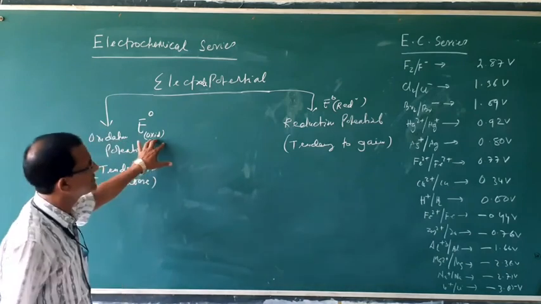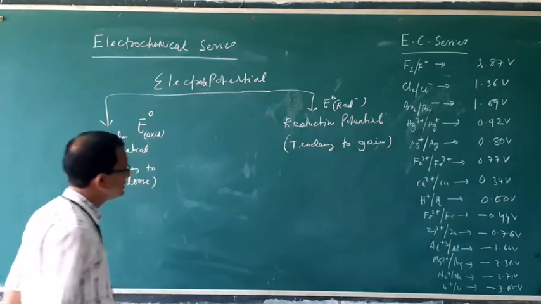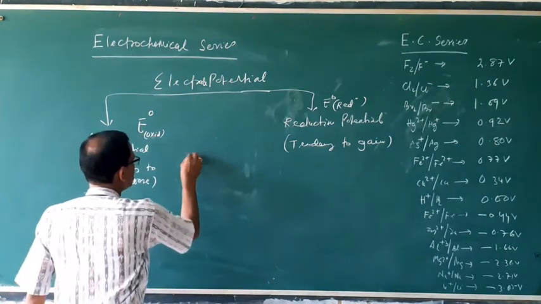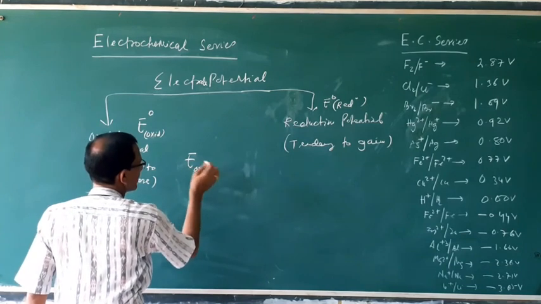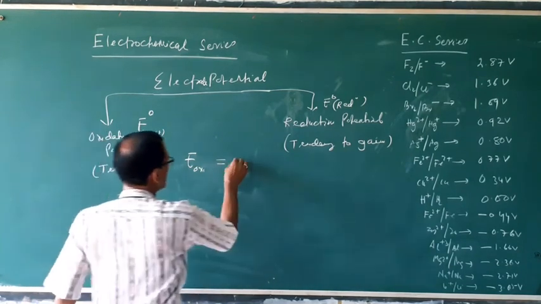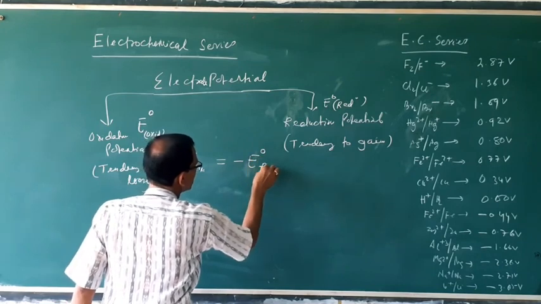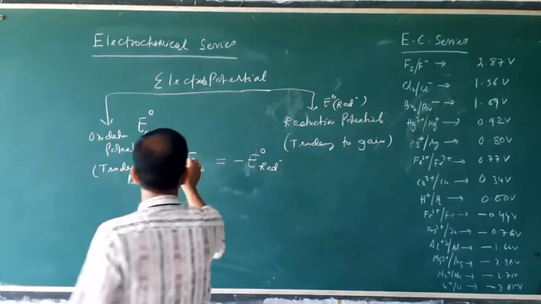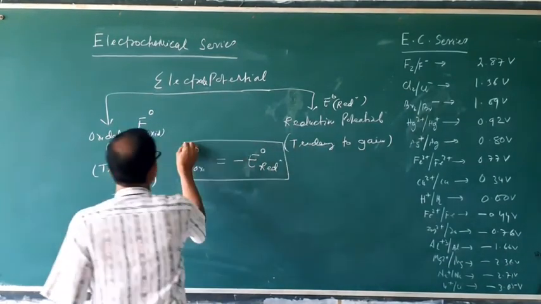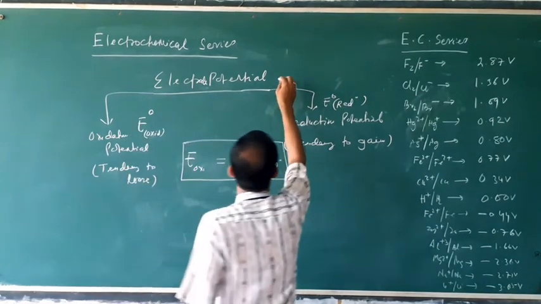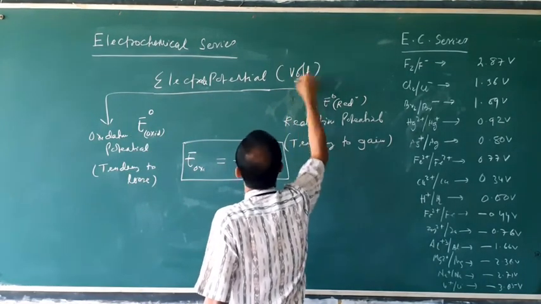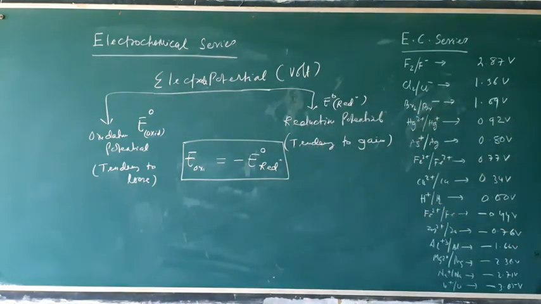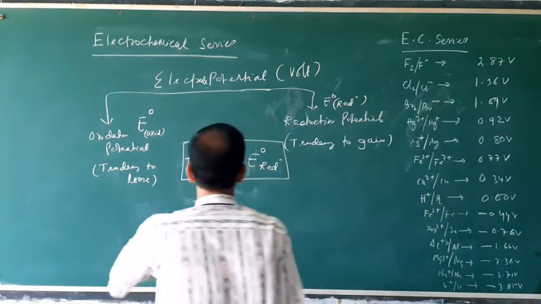They are just opposite, which means E oxidation is equal to minus of E reduction. Both are on opposite sides. It is expressed in the unit volt. The unit of electrode potential is volt. E oxidation equals minus E reduction.